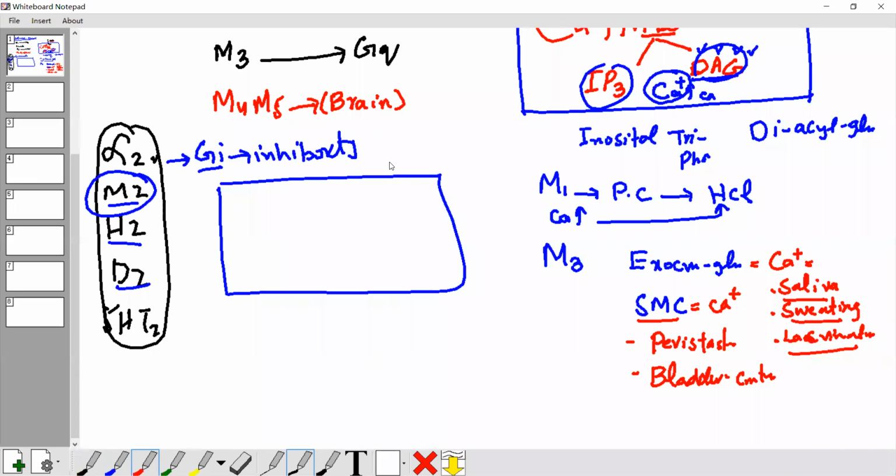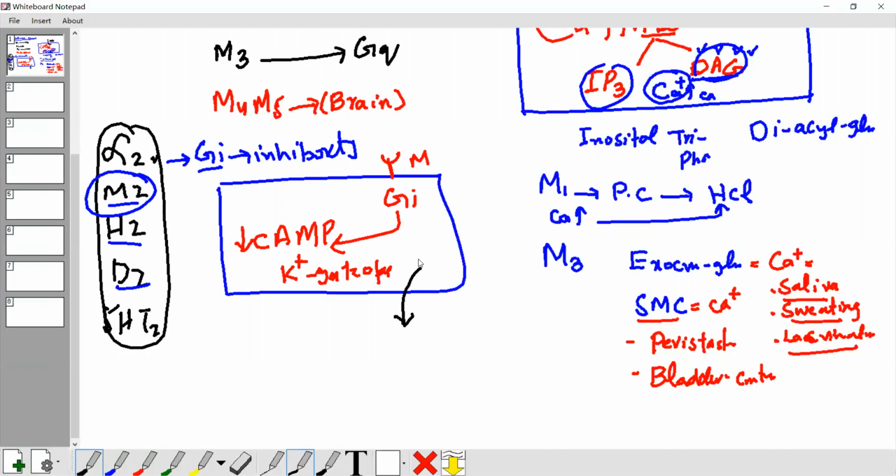The M2 receptor. So if you stimulate M2 receptor, which protein stimulated? GI. Okay. Inhibitory G protein. So this inhibitory G protein doing what? Decrease the level of cAMP. Okay. And this inhibitory G protein also open potassium gate. So if you open the potassium gate, where potassium going?